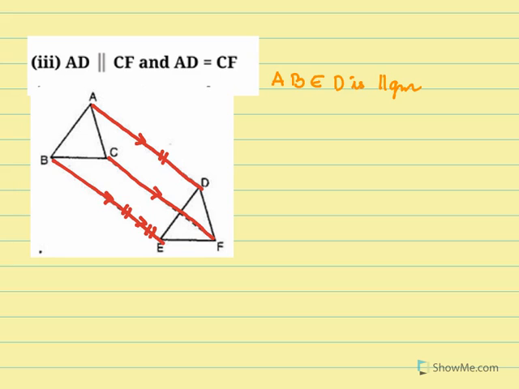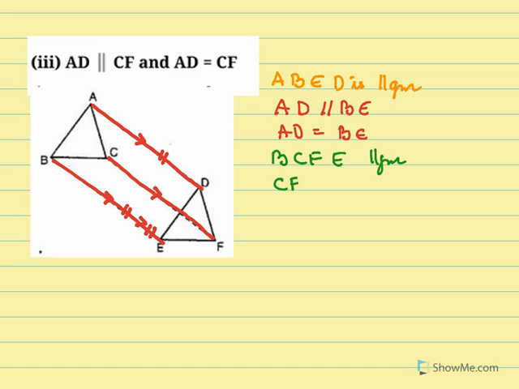Because ABED was a parallelogram, we got AD parallel to BE, and we also got AD equal to BE. Then we proved yet another parallelogram, and that was BCFE.